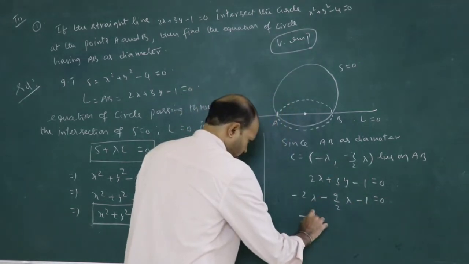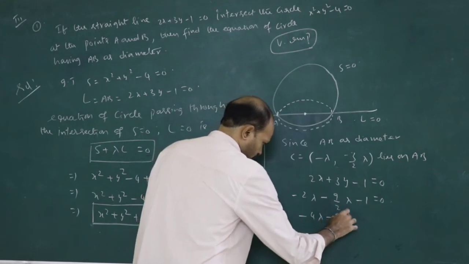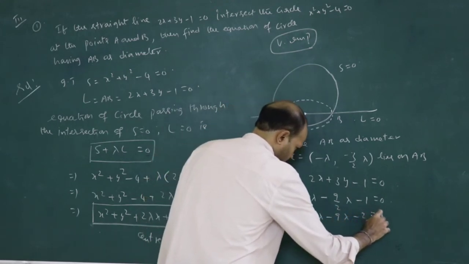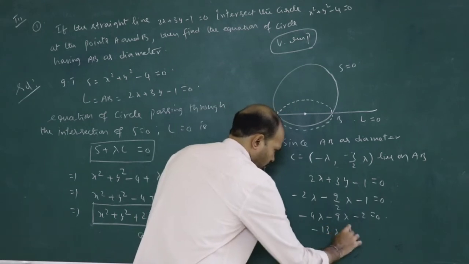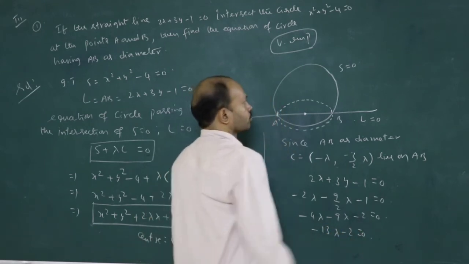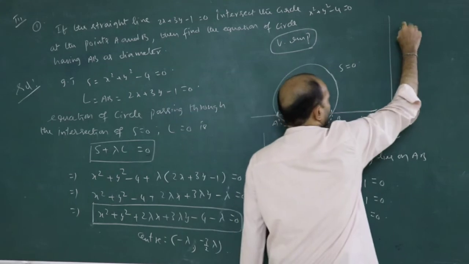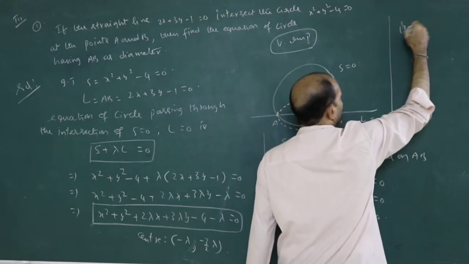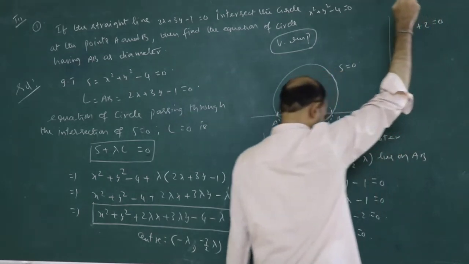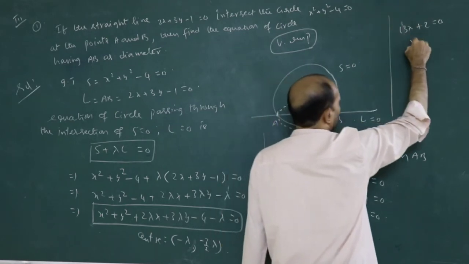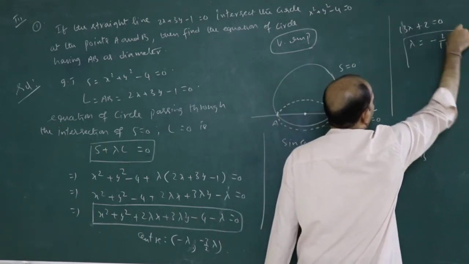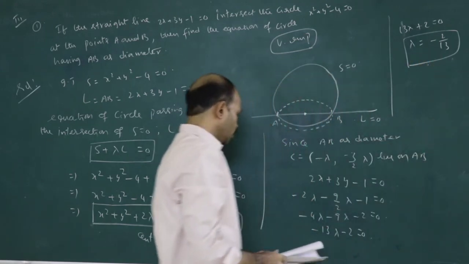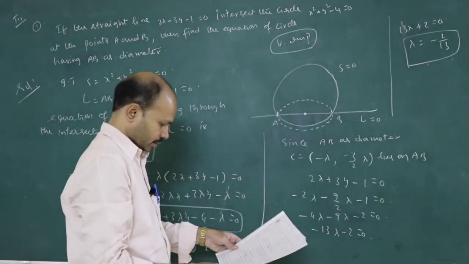Multiplying by 2: minus 4 lambda minus 9 lambda minus 2 is equal to 0. 13 lambda plus 2 is equal to 0. So, lambda is equal to minus 2 by 13.